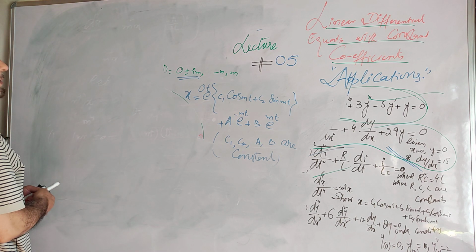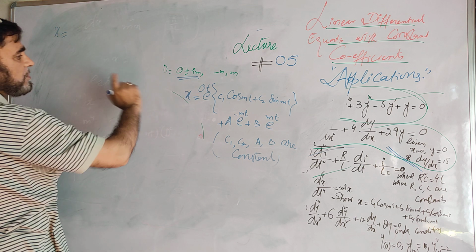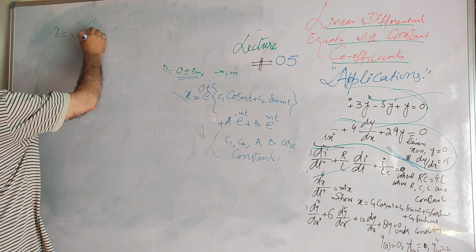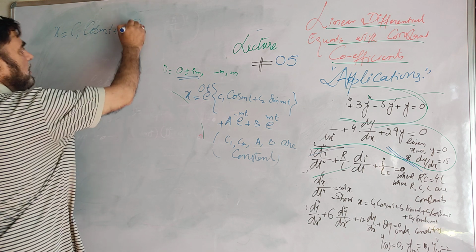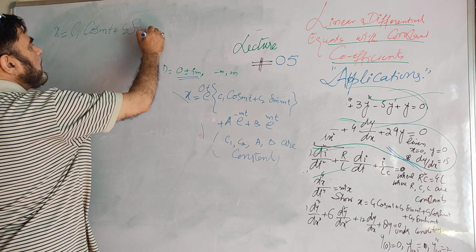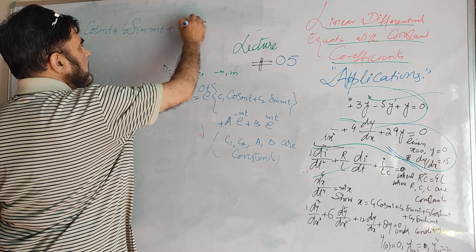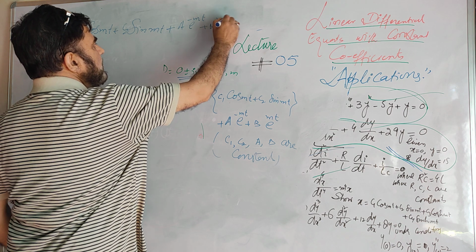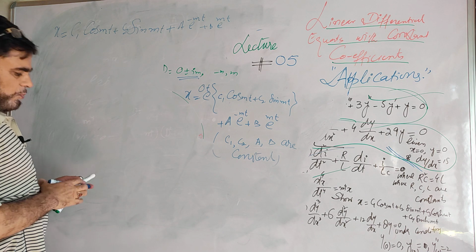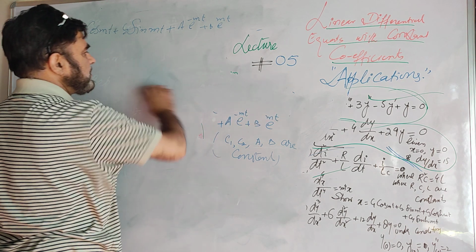Well, you have now x is equal to e raised power 0, it is c1 cos mt plus c2 sine mt, then it is plus a e raised power minus mt plus b e raised power mt. This is the solution of this, but I will just use a few steps more.